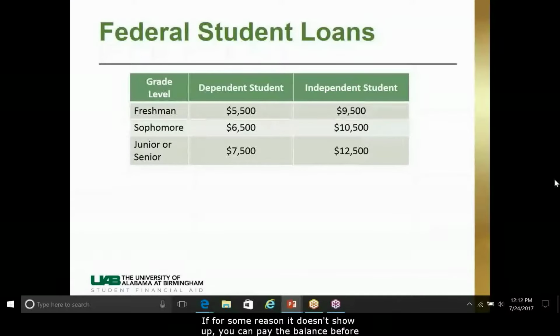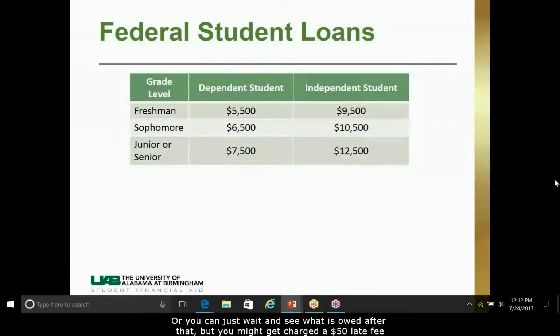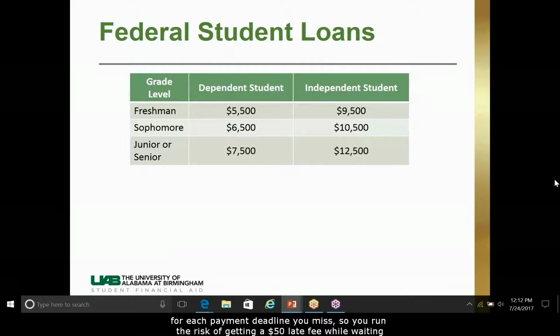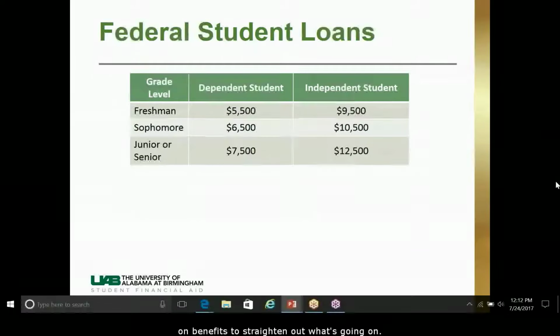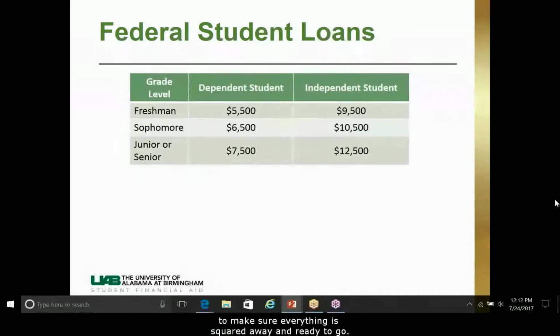If for some reason it doesn't show up, you can pay the balance by the payment deadline, and you can be refunded whatever excess amount is on the account, or you can just wait and see what is owed after that. But you might get charged a $50 late fee for each payment deadline you miss, so you run the risk of getting a $50 late fee while waiting on benefits to straighten out what's going on. So the easiest thing to do in that case is to contact benefits ahead of time to make sure everything is squared away and ready to go.